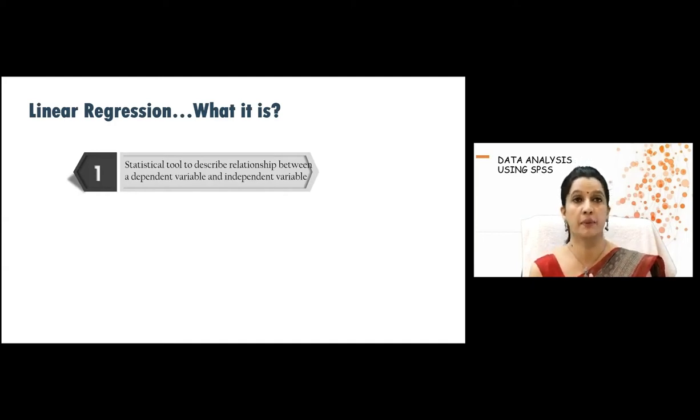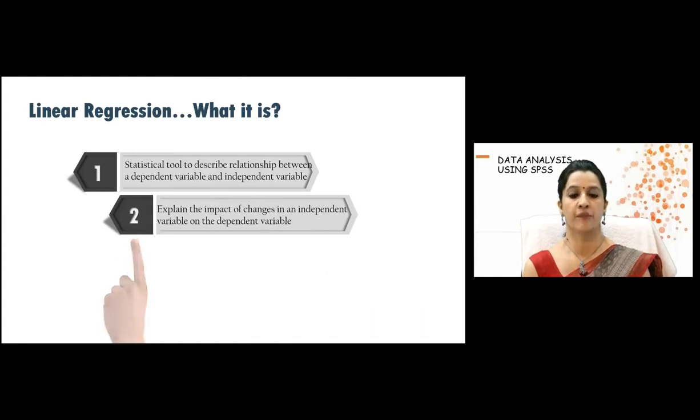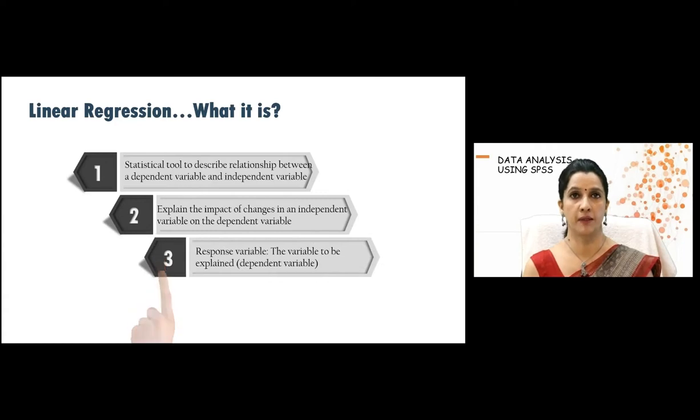So linear regression is a statistical tool which describes the relationship between a dependent variable and an independent variable. And remember, we are predicting the dependent variable based on a single independent variable. So here the independent variable is single. Second, it explains the impact of changes in the dependent variable by a change in the independent variable. And third, the response variable is the dependent variable.